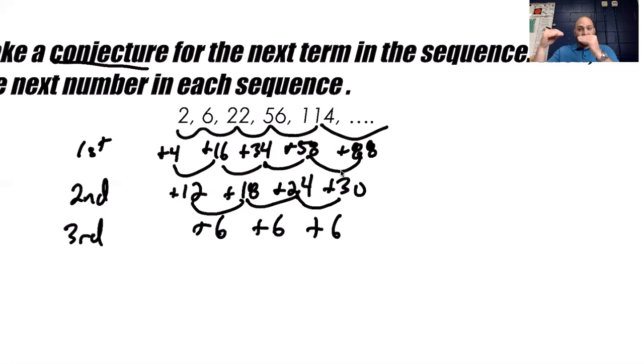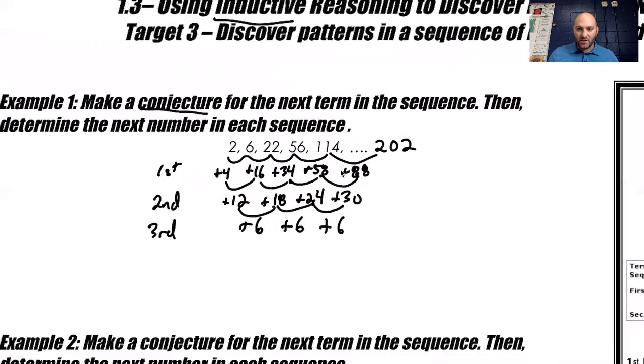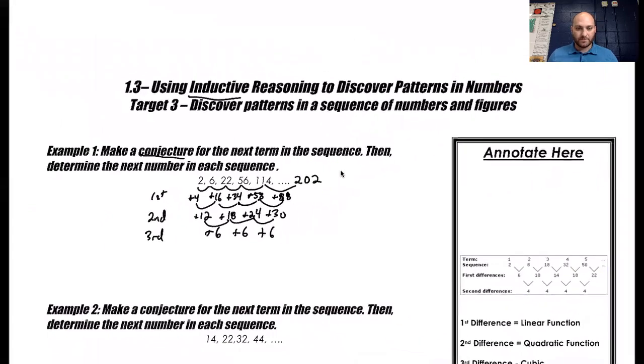And again, the first level is describing the numbers above it. So I've got 114 plus 88 now, and that gives me 202. That is how I get to the next number based on my sequences here.